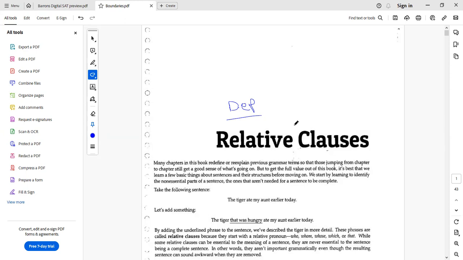Okay, so let's start from the beginning. English consists of sentences. And the sentence must have a subject, then a verb.